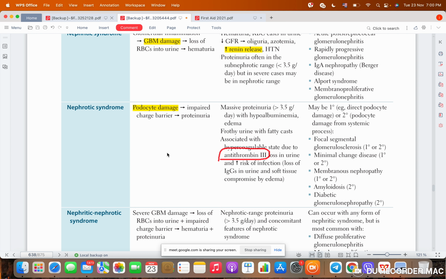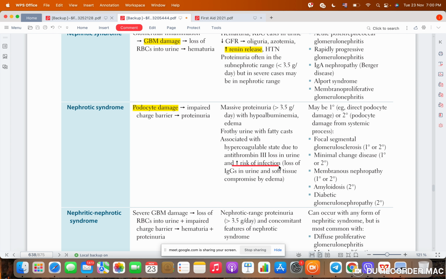Does anybody remember which drug attaches to antithrombin 3? There is a drug. Heparin. Heparin attaches to antithrombin 3. In case of nephrotic syndrome, you are losing antithrombin 3, which leads to a hypercoagulable state.